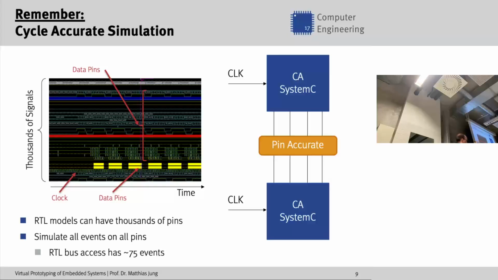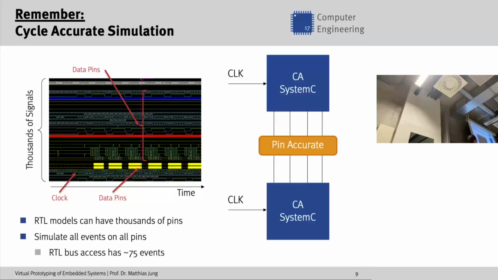Yeah, because you have to put that into the event queue, and we discussed that, delta cycling and all of this. So for example, if you implement an RTL bus system like AHB or something like that, you have 75 events that the SystemC kernel has to simulate. Yeah, so and for each bus access, you have to simulate these 75 events.